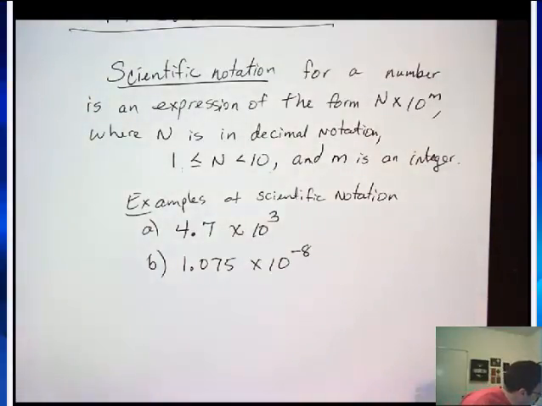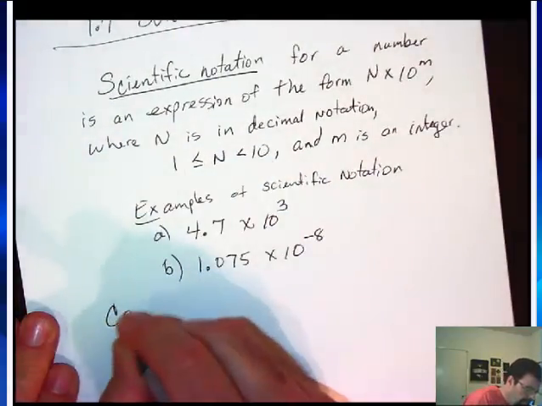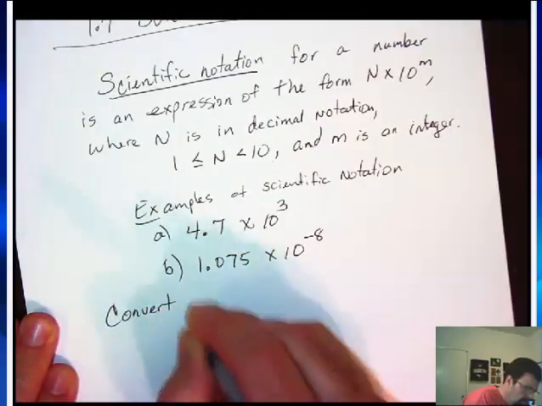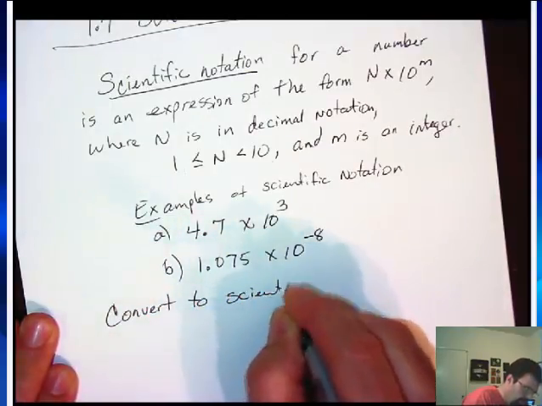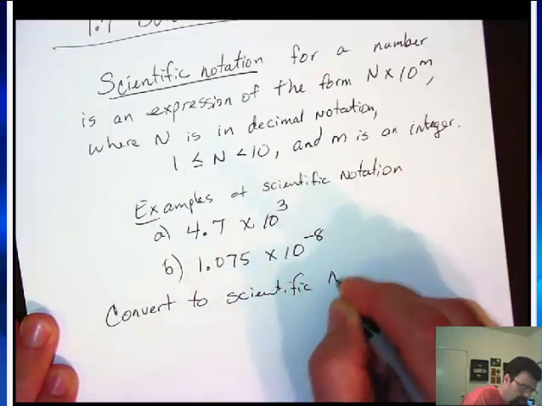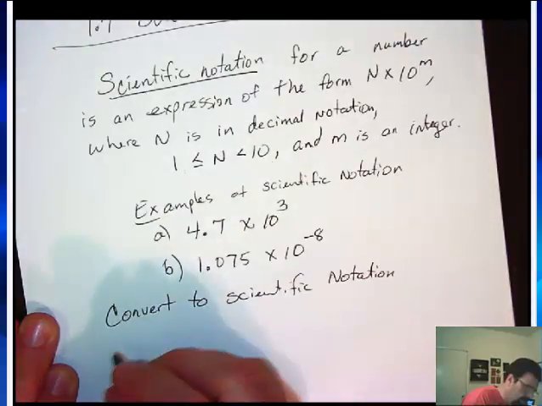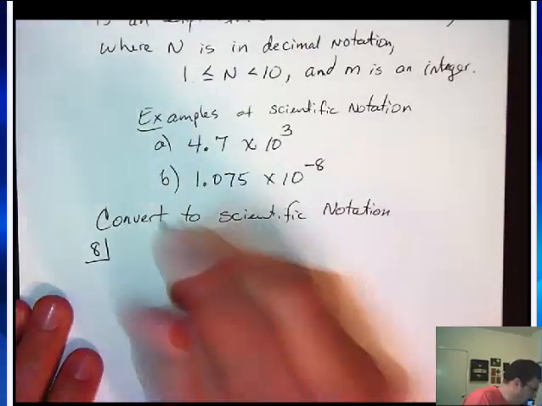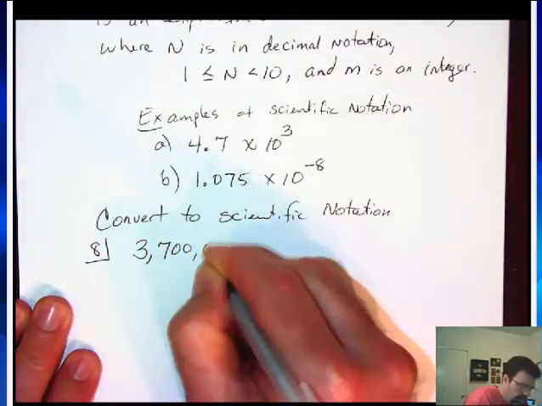Okay, so first thing is let's convert back and forth real quick. This is in the exercise set, number 8, 3,700,000.